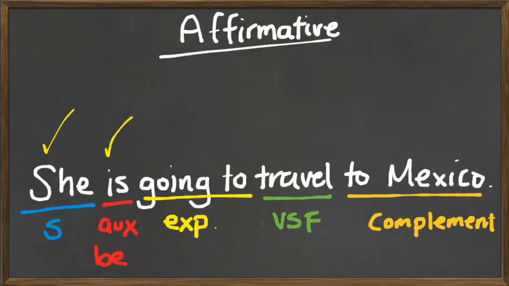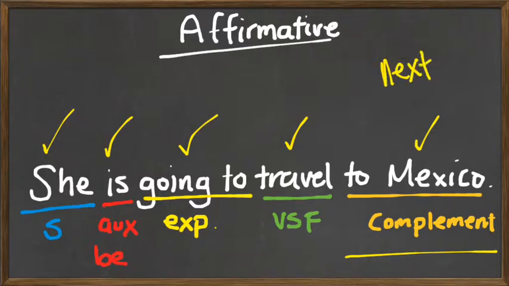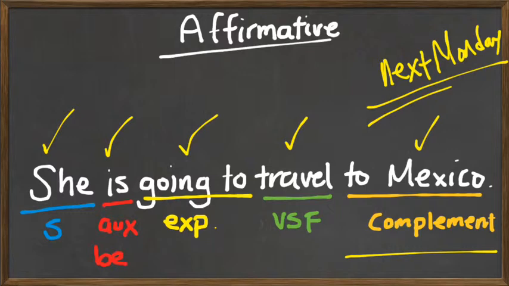It is never absent in these cases. Our expression going to, and then our verb in simple form. And finally, our complement, which is to Mexico. Something else you can add is a time expression, next Monday.